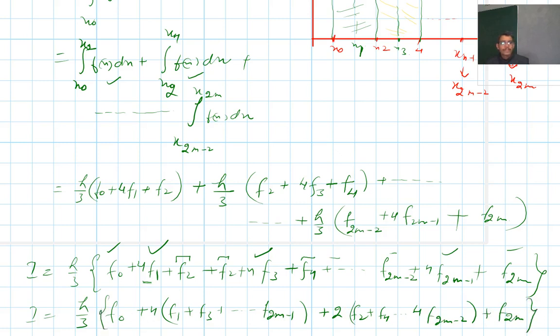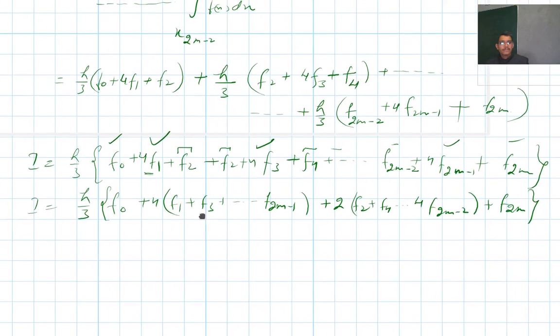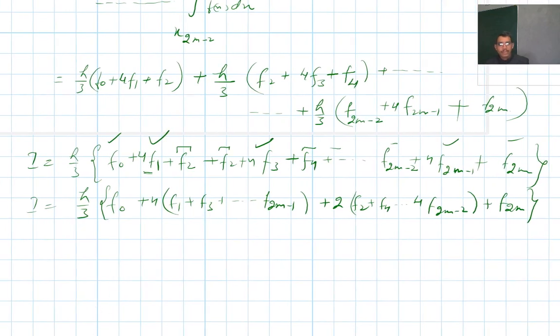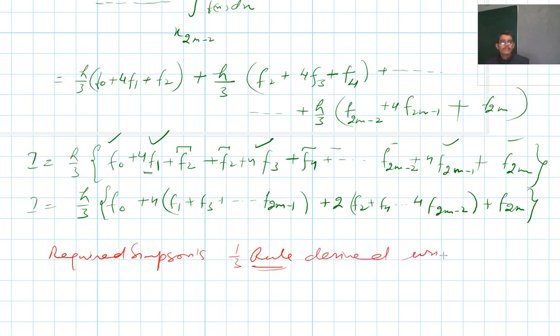Hence this is the required Simpson's 1/3 rule, derived using the Newton-Cotes quadrature formula.